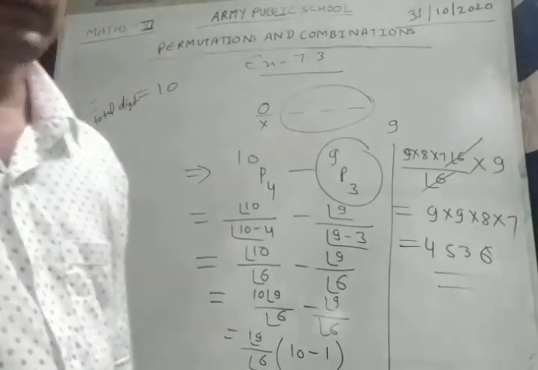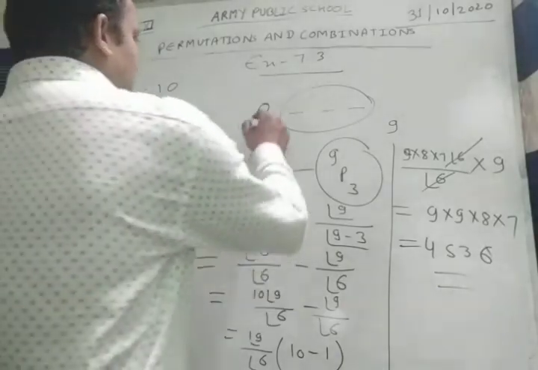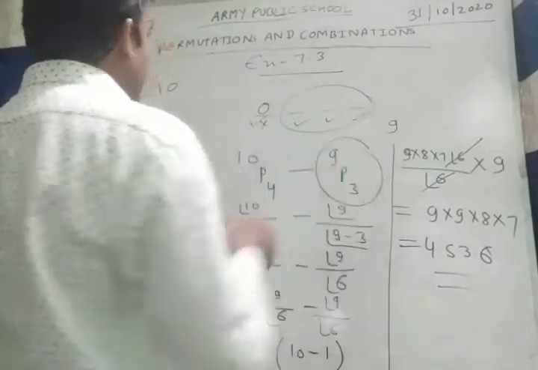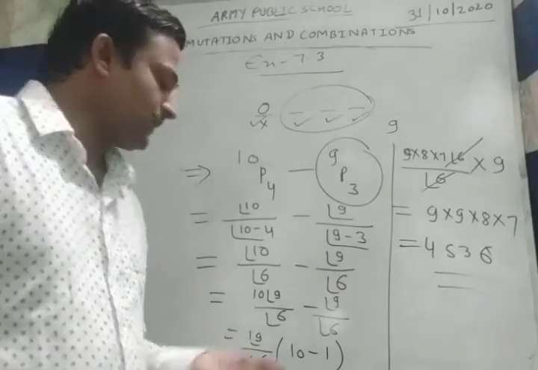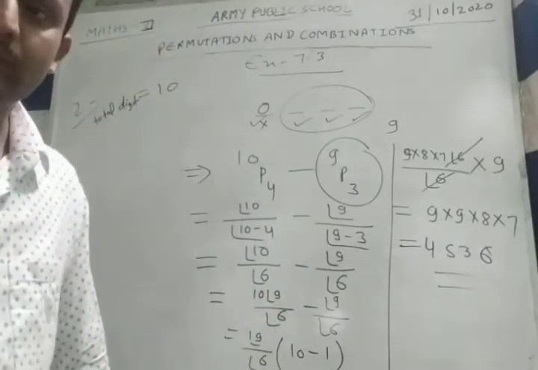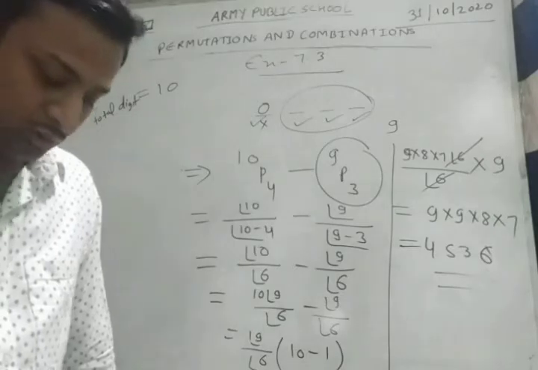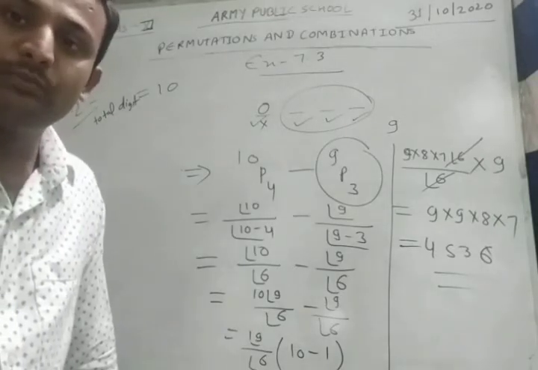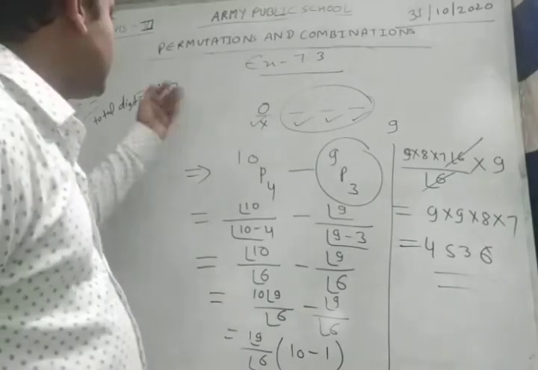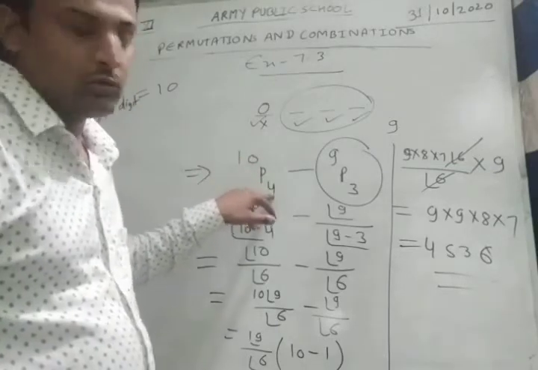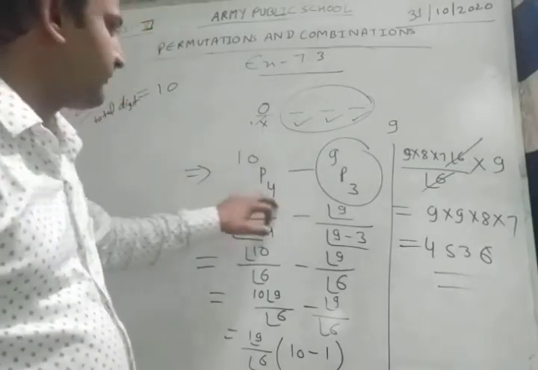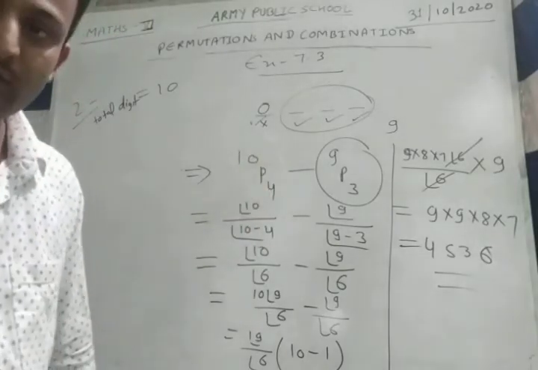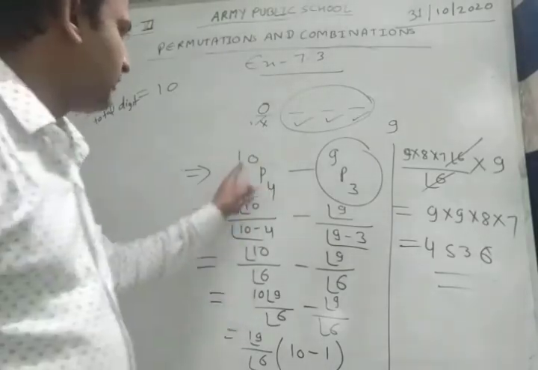So we have to find 4 digit numbers, and you know, if we are taking R objects from N objects, the total number of permutations will be NPR. So here N is 10 and R is 4, so we write 10P4. The total number of 4 digit numbers from 10 digits will be 10P4.